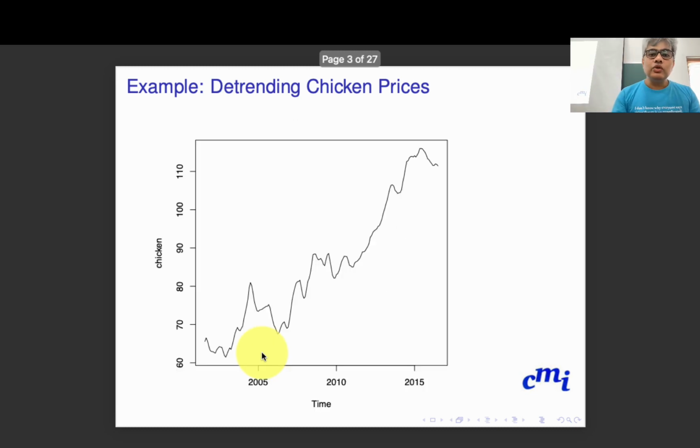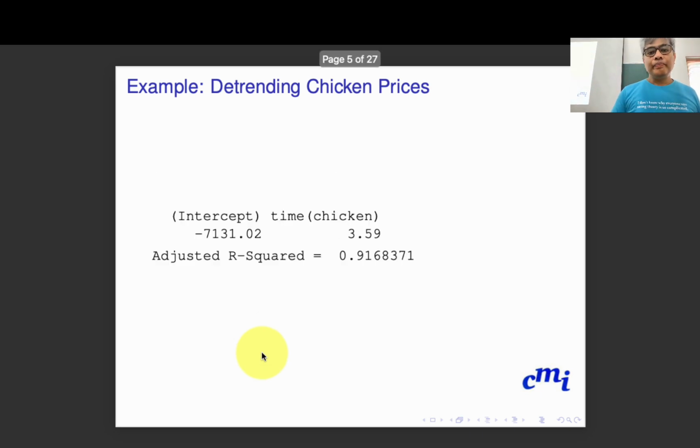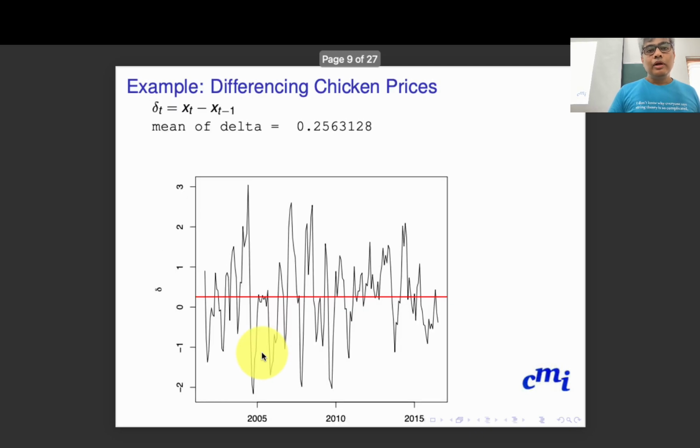The original series, X_t, looks like this. Now if I take the first difference of the original series, just the consecutive difference, basically X_t minus X_{t-1}, that gives me delta t. Plot delta t, what you get is immediately a complete mean stationary process.